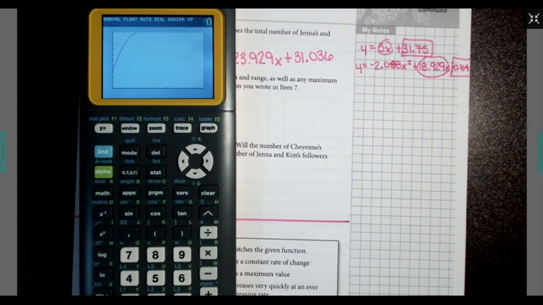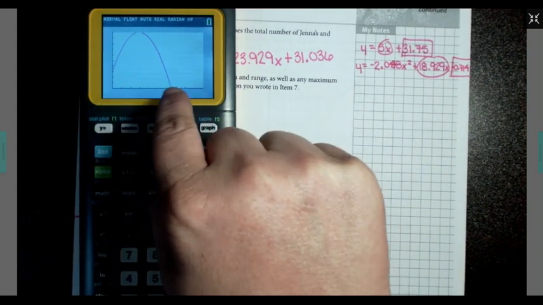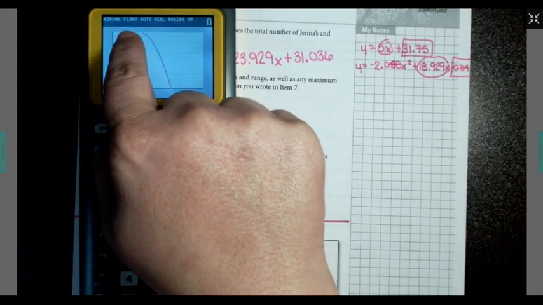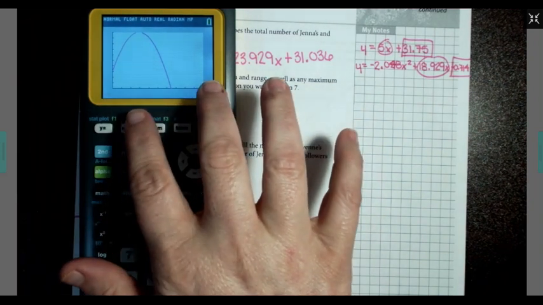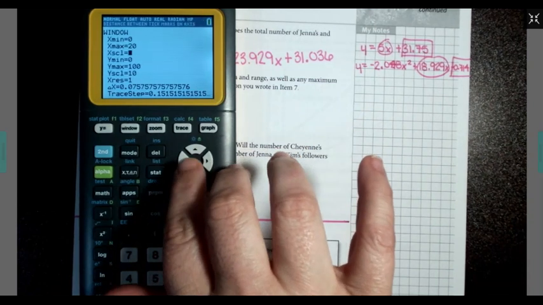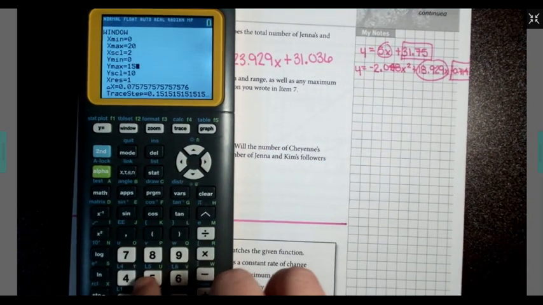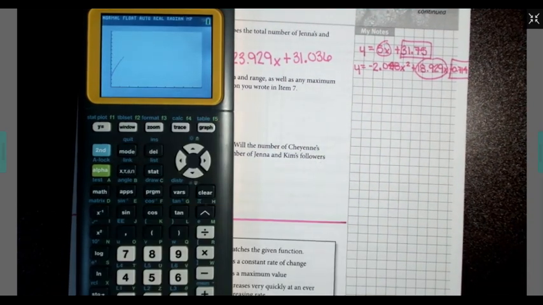I'm just going to play around with the window to see. Okay, so look, now I've gotten the other half of this graph, but notice I still didn't reach the top up here. So I need to go up a little bit higher on my Y scale. So let's change this to say 150 instead. Now we see that complete curve here.